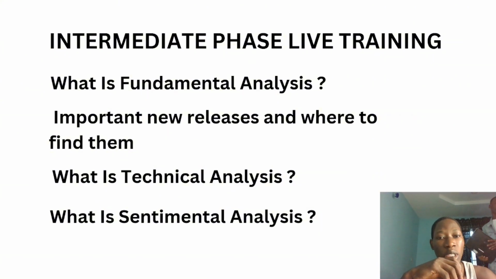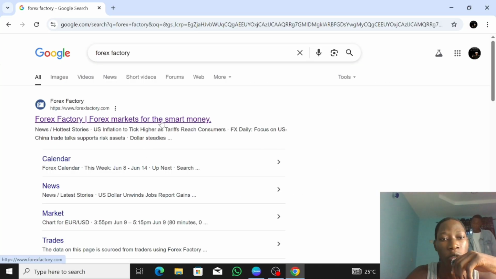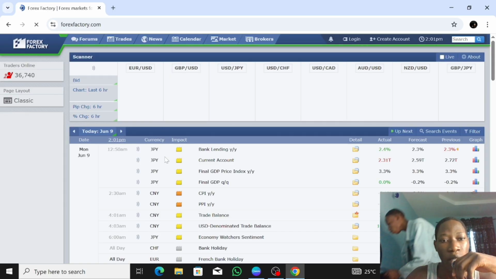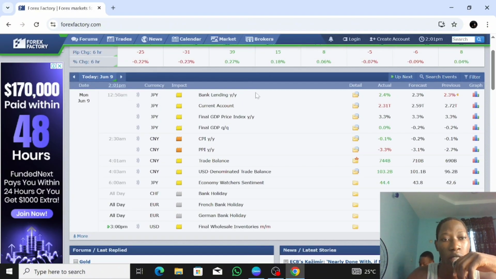So there are some important news releases and where to find them. The best place to find these news is Forex Factory. So let me take you to Forex Factory. You go to your web browser, simply search for Forex Factory, click on it, and it will take you to this website, right? This website is where you find all your news events, right?